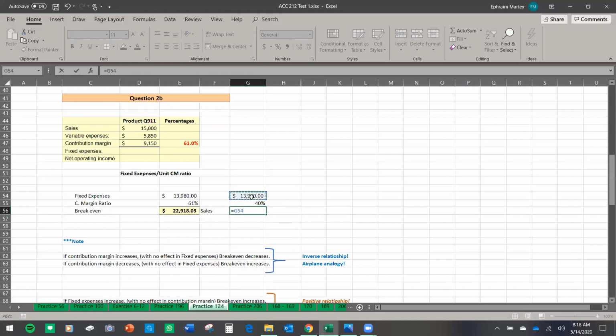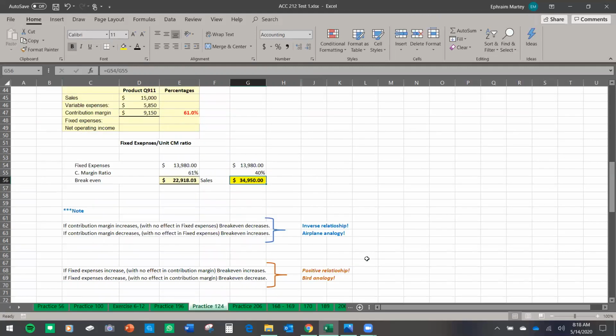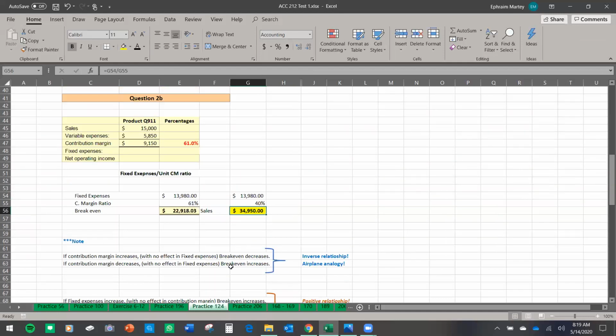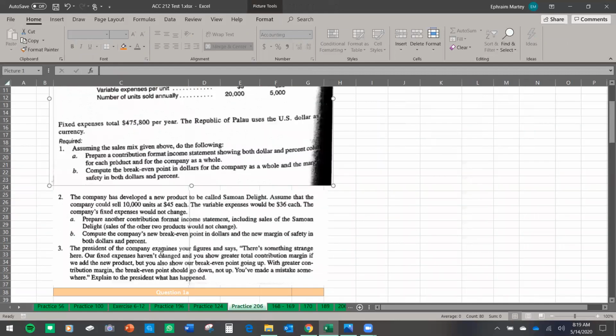Let's see if it will go up. Great, it went up by 34,000 compared to this. So that's the analogy. Pay attention to this. Contribution margin has an inverse relationship with break-even point if nothing happens to fixed expenses. So that is how you're going to answer it. Let's move on to the next one.